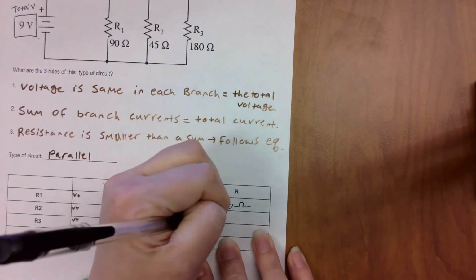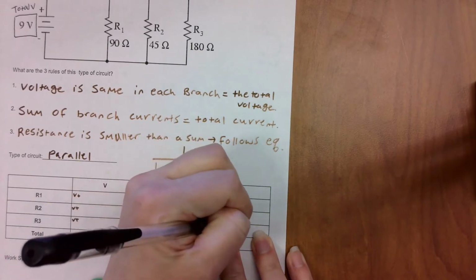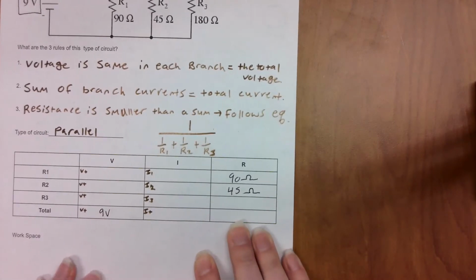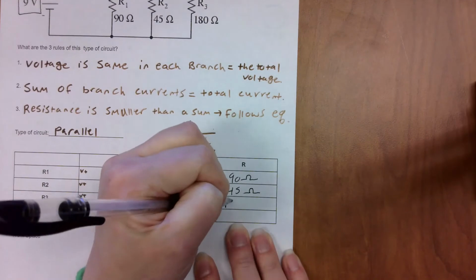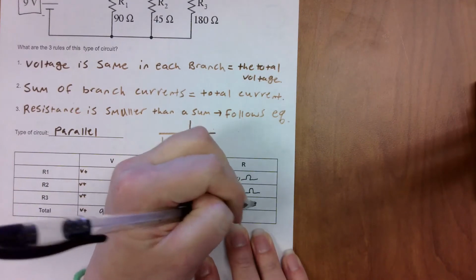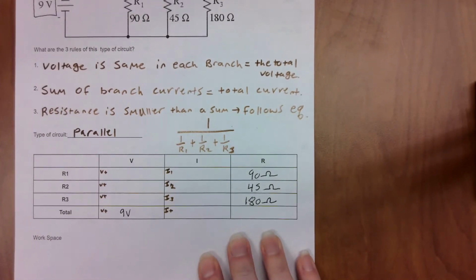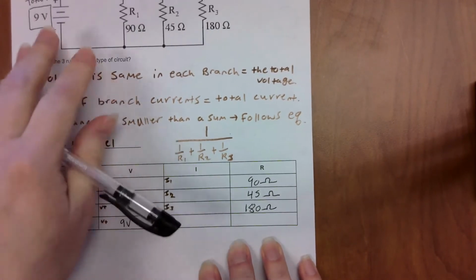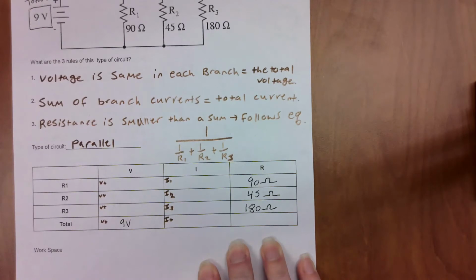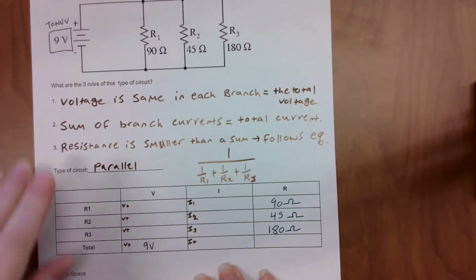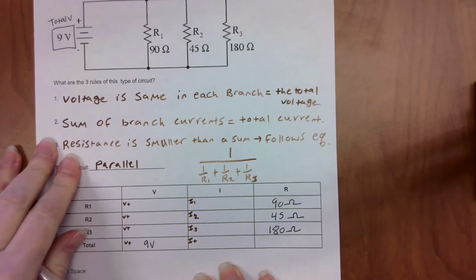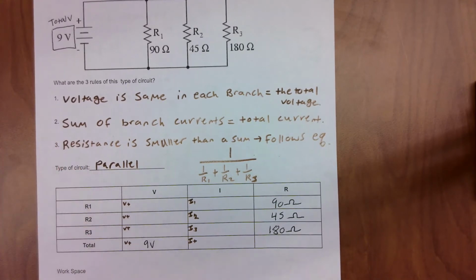Resistor 2 is 45 ohms. And R3 is 180 ohms. Okay. We don't know anything about the current for right now, and we don't know anything else other than those 4 numbers. So let's stop and look at our rules here to see if we can't fill anything else out.